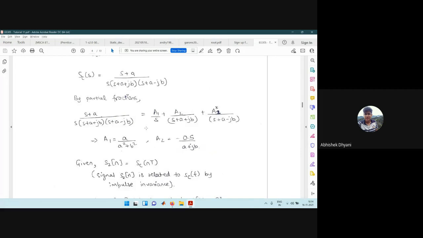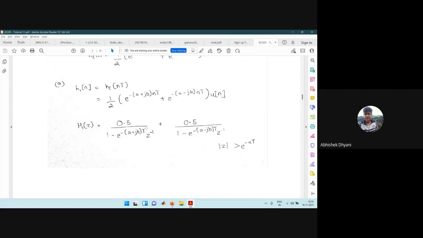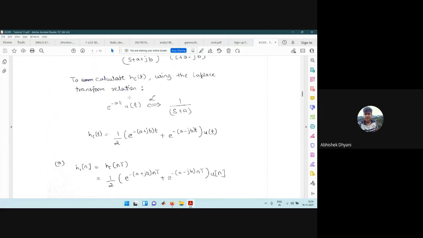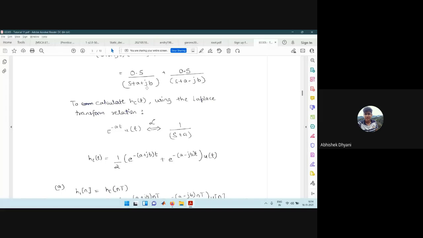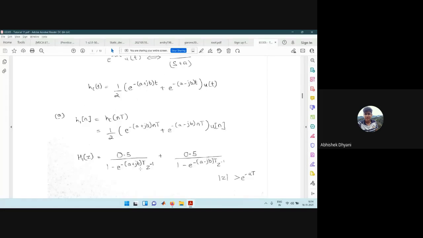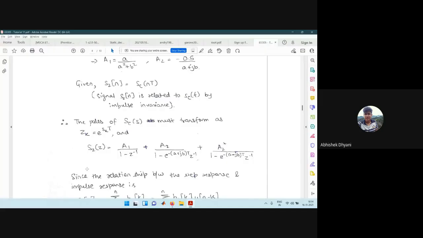That was also what I did in the previous part, by the way, that I could directly say that if I have a pole at minus of a plus jb, that is what will be here in the power of e in the z transform. And that is just one observation that I am directly using here to find out S2(z).